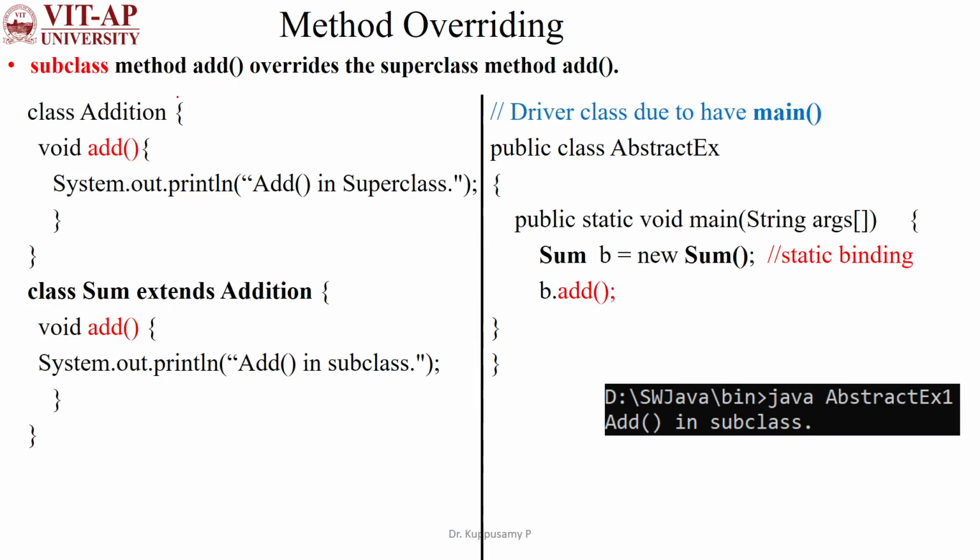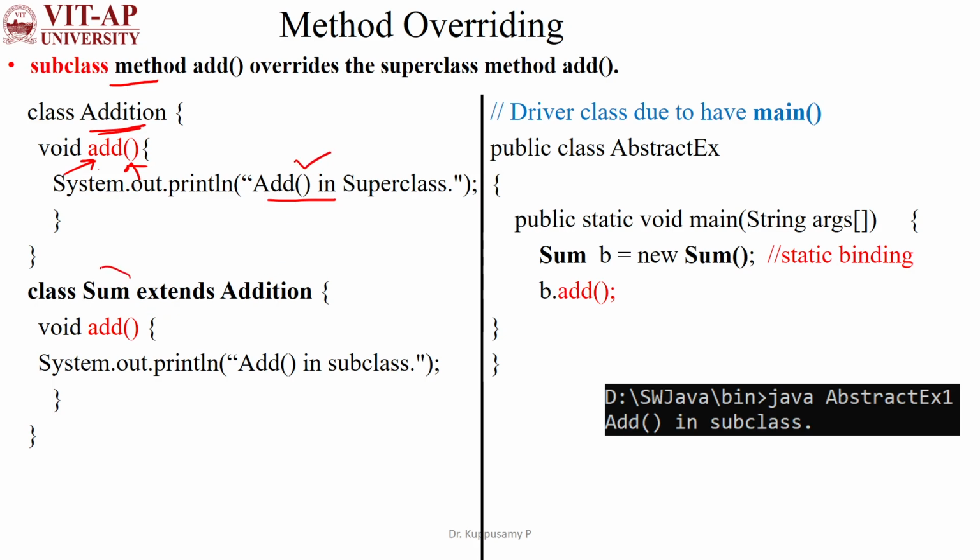So here is the example for method overriding. The subclass has the method add which is overriding the superclass method add. In this example the class name is Addition, which has the method name add. There are no arguments, which prints the value "add in superclass".